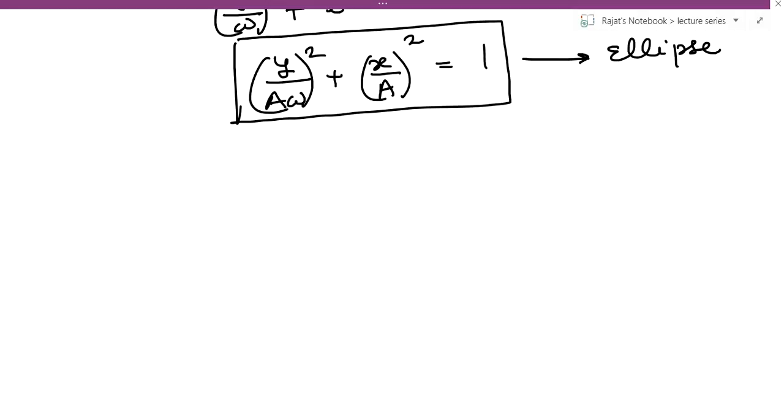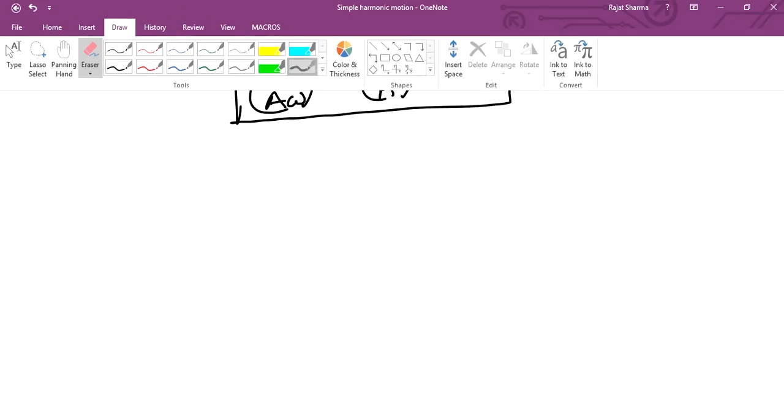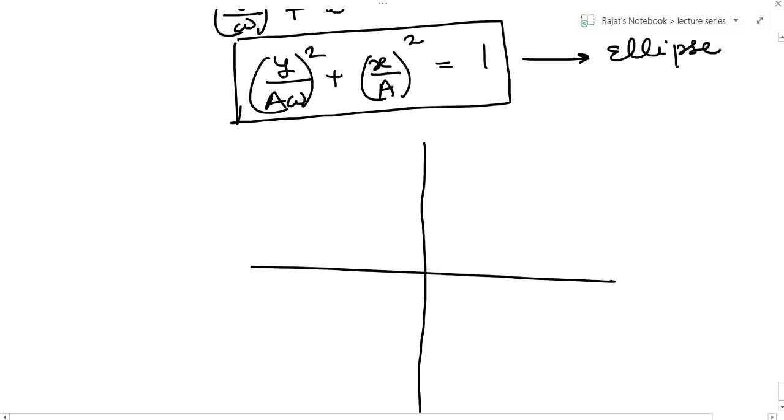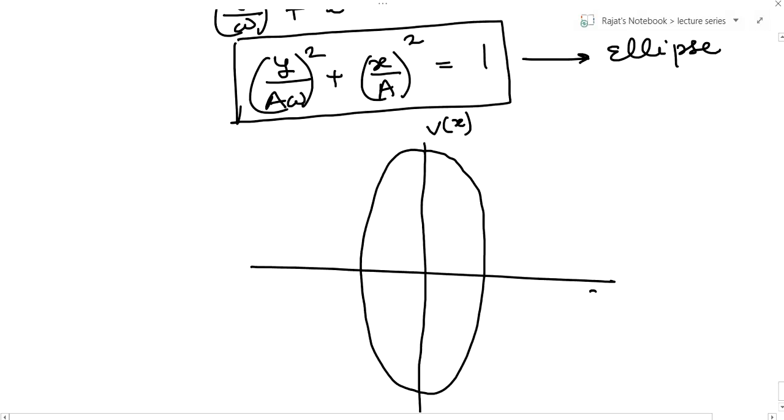Okay, so this is nothing but an ellipse, and considering that omega is greater than 1, a omega will be a larger quantity than a, so the graph will be something like this. Now this is good. This is the velocity and this is the position x. This point is nothing but a, and this point will be a omega.